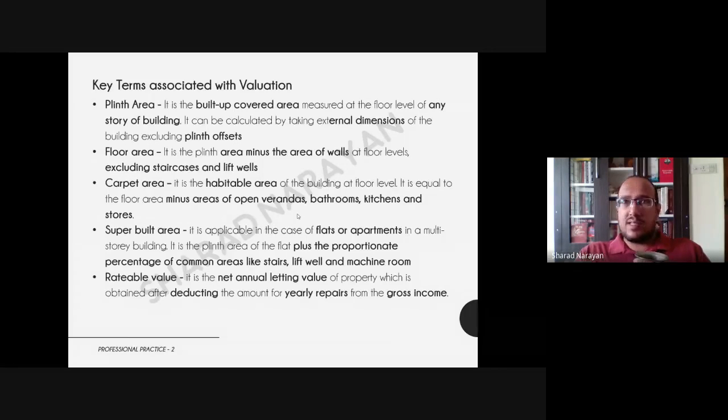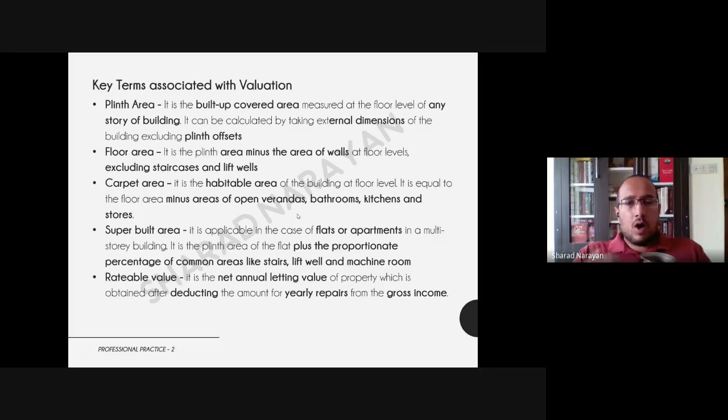If it's a building, you expect a certain amount of expenses in terms of maintenance. So let's say you have to replace an MCB, or a switchboard, or some equipment which is a part of the house itself. Nothing which is brought in by a tenant or a renter can be considered as a part of the amount for yearly repairs.